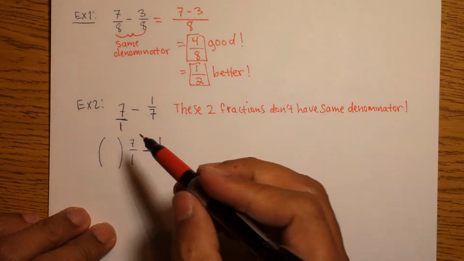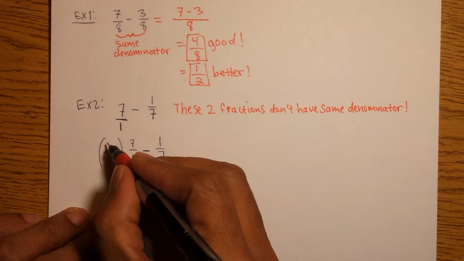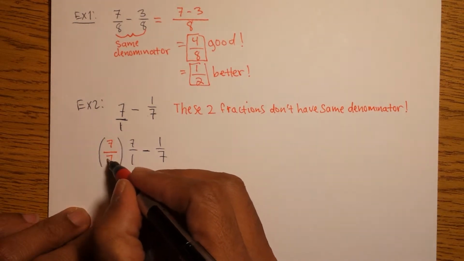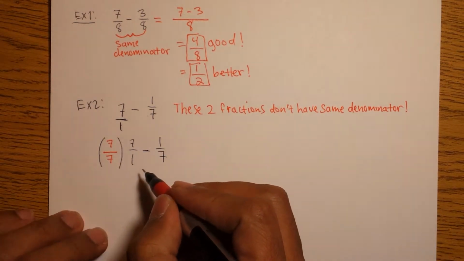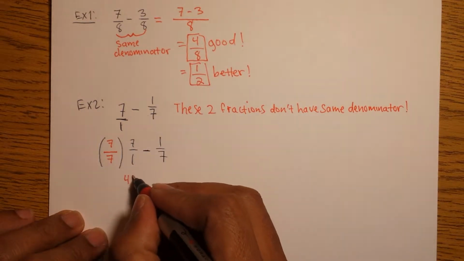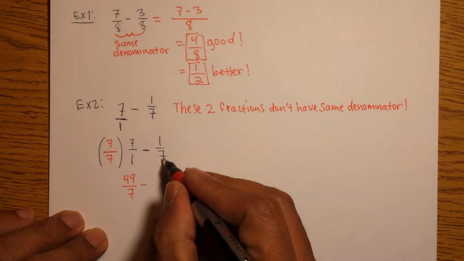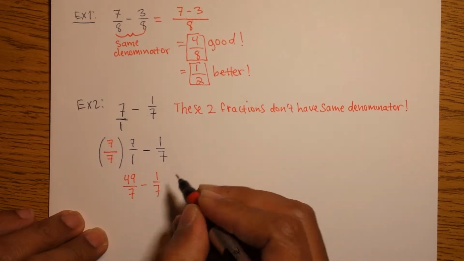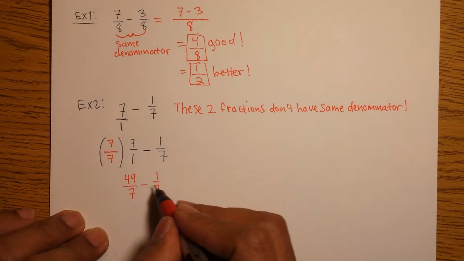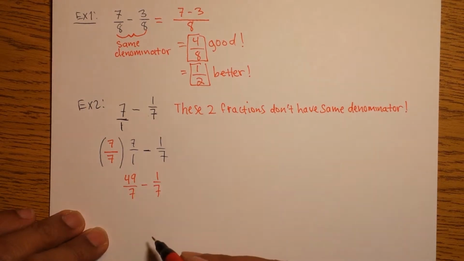Okay, so we need a 7 under this one, so in order to get a 7, we need to multiply the numerator and the denominator by 7. Now, 7 times 7 is 49, and 7 times 1 is 7. Now this stays the same, and now we can subtract 1/7 from 49/7.